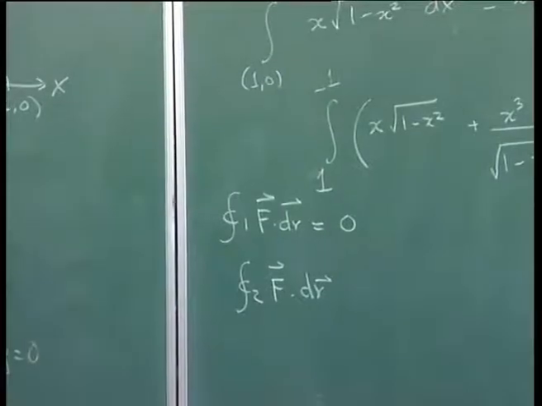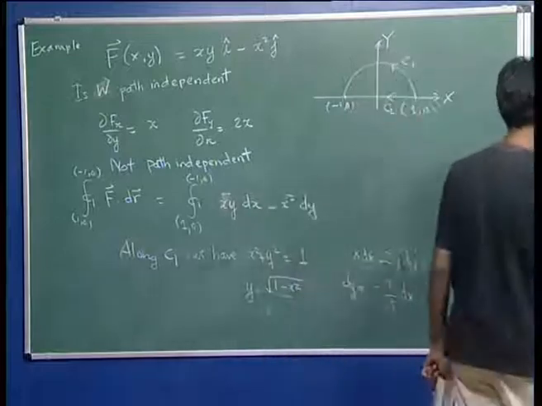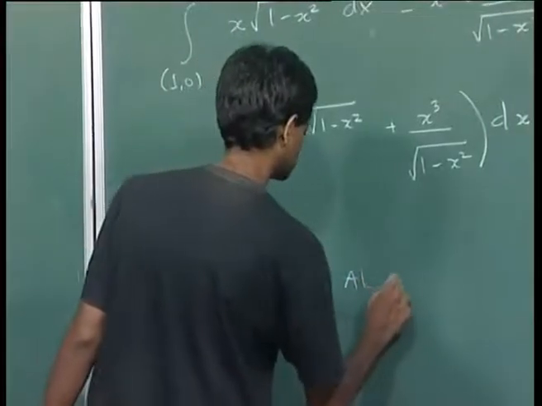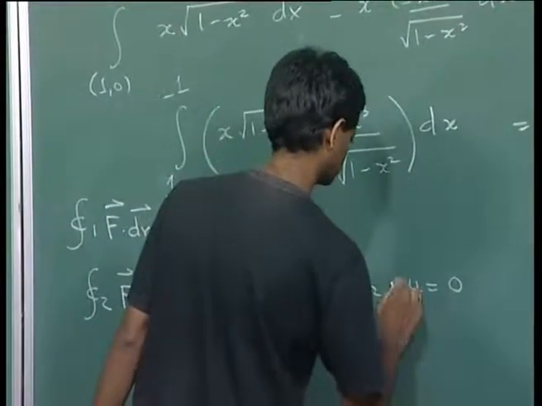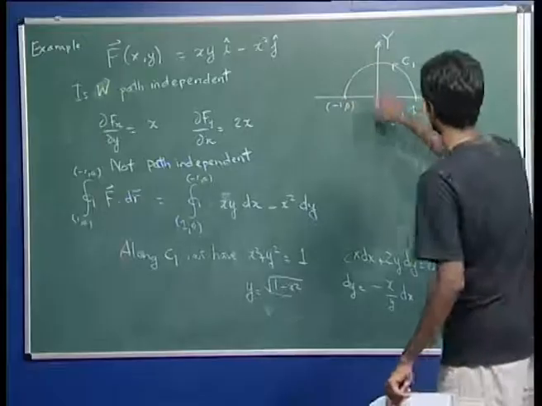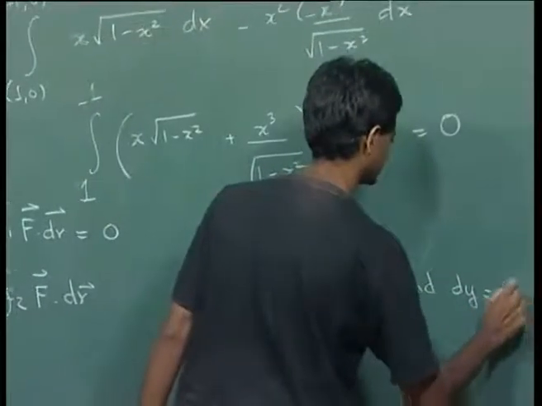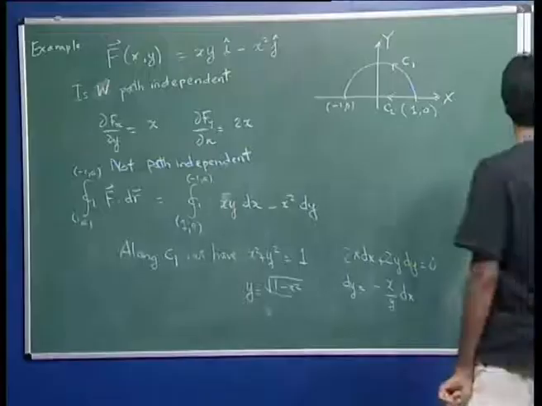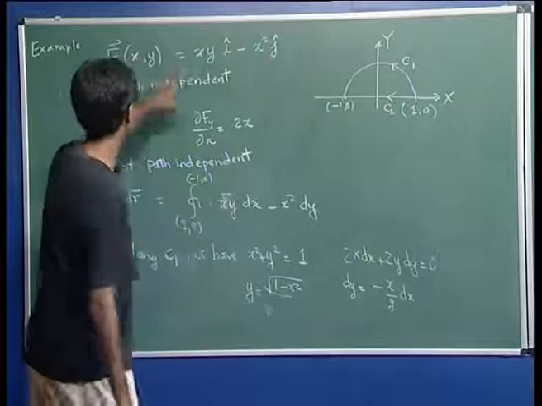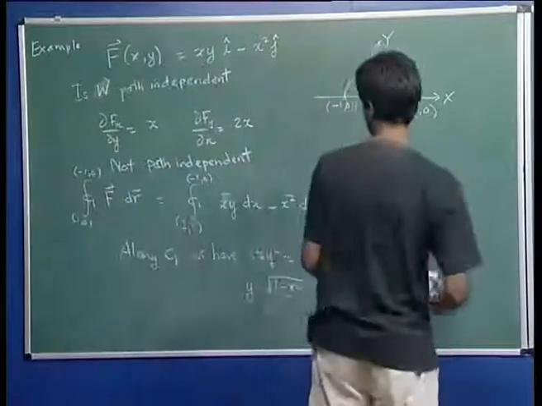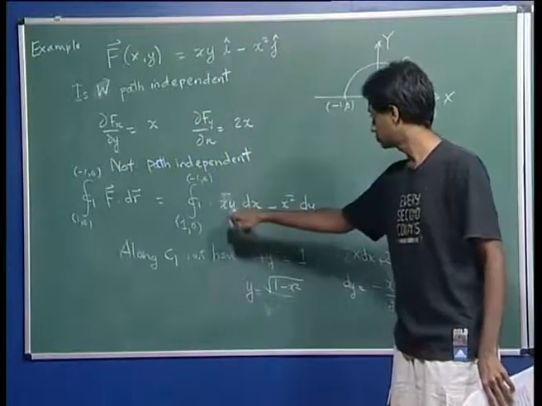Okay. And you can go ahead and follow the same procedure. So, you write your path. Now, along C2, y equal to 0. So along C2 the y component is 0 and dy equal to 0. So, if you substitute these two, then you come back to your f. Since dy is 0, only this part will be non-zero, and here too y is 0.